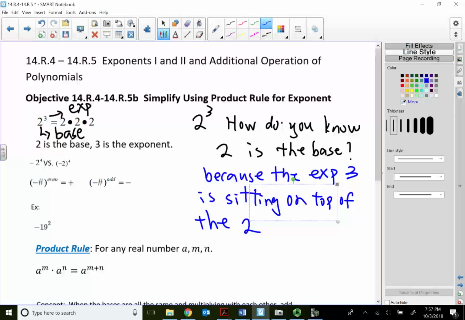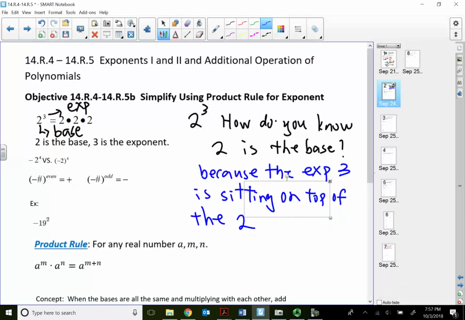The base sounds like a basement. A basement is always located below the first floor, so that means you must solve the exponent first in order to determine what the base is.